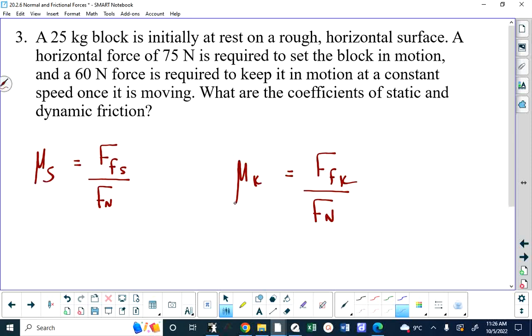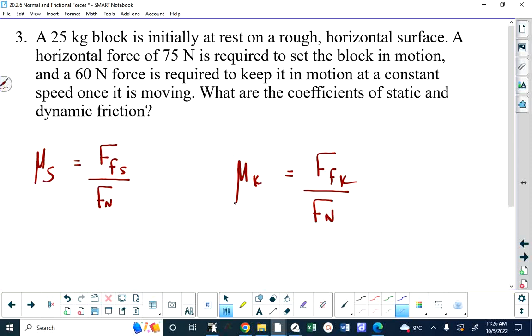And there's this little logical leap, which, listen, I don't think it's difficult, but it is a logical leap here. And I think it's important you understand it. Nowhere in this question does it tell us what the force of kinetic friction is, or the force of static friction is. What it tells us instead are what two applied forces are.